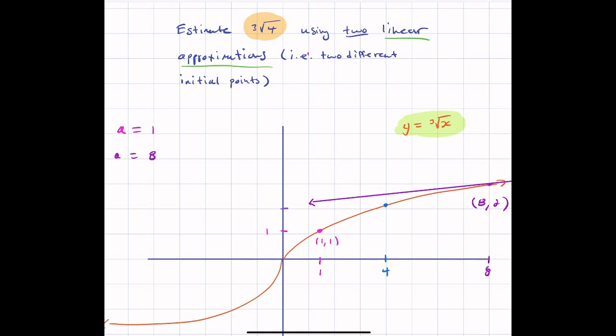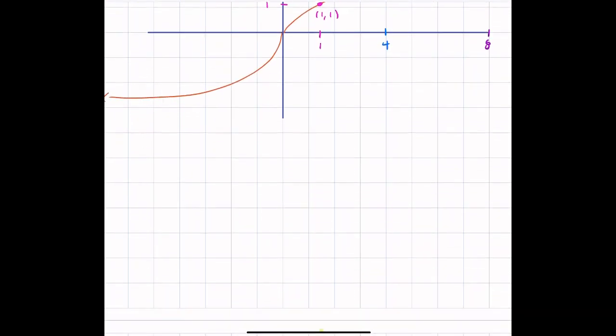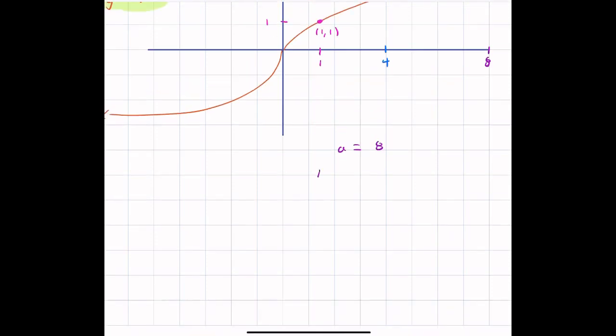So the first thing I want to do is find the tangent line at a equal to 8, and I'll do the calculations down here so we have some space. When a is equal to 8, the tangent line to the graph of f at the point 8, as a function of x, is of course going to be f prime of 8 times x minus 8 plus f of 8.